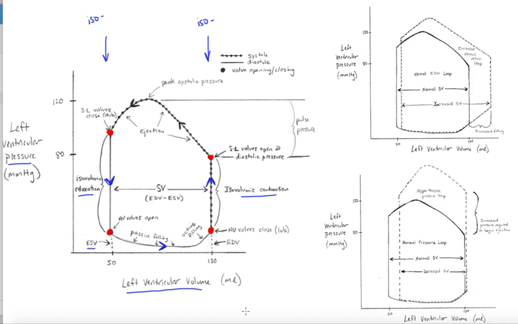I could sketch it down here real quickly: passive filling, then active filling, then isovolumic contraction, then ejecting, and then passive relaxation, and then we start all over again. So that's the ventricular volume trace, which you should have seen before.